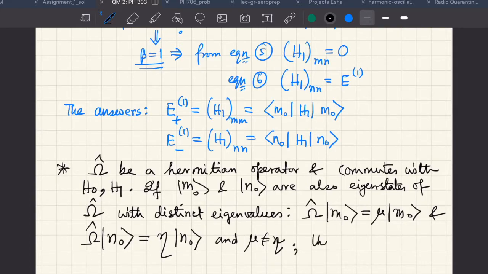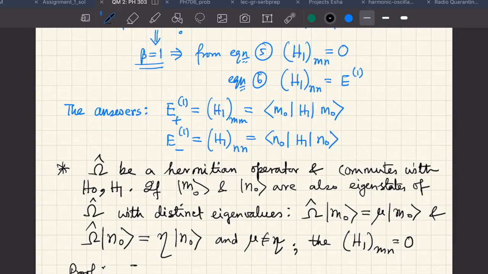Then you can clearly say H1 mn equal to 0, and hence n naught and m naught kets are the good states to use in perturbation theory. That makes your life so much simpler, and the proof you already have seen.